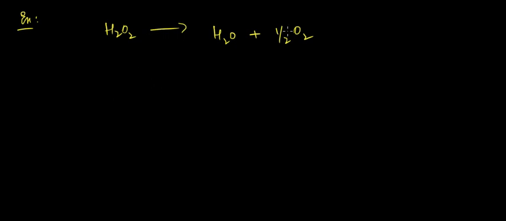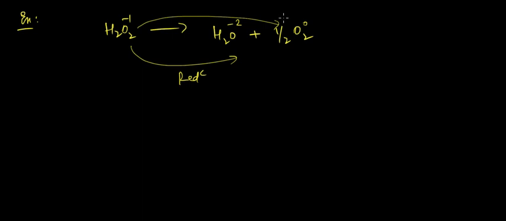So obviously in this case oxygen is going from -1 state to -2 state here. Example of reduction. Okay, and here oxygen is going from -1 state to 0 state, rather this H2O2 is going from -1 to 0.